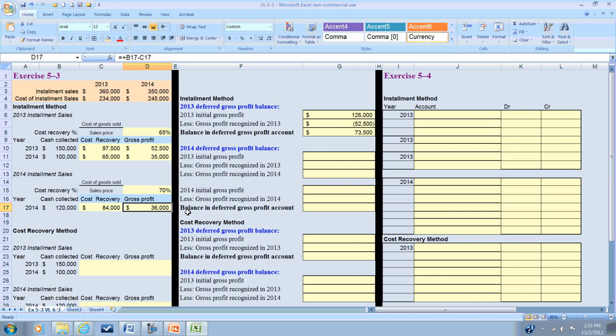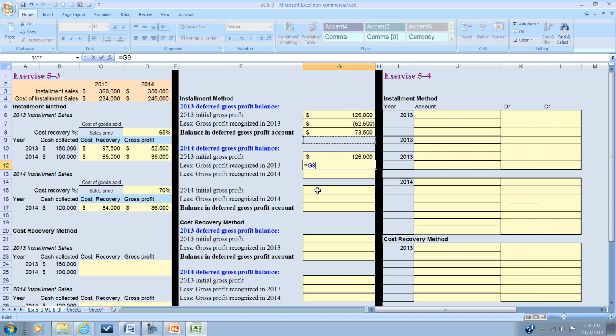So to determine the balance in our deferred gross profit account, which will consist of both the 2013 sales and 2014 sales, we're going to look at the 2013 sales. So again, the initial gross profit is the same.